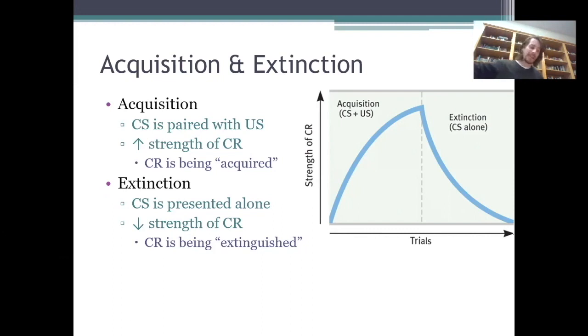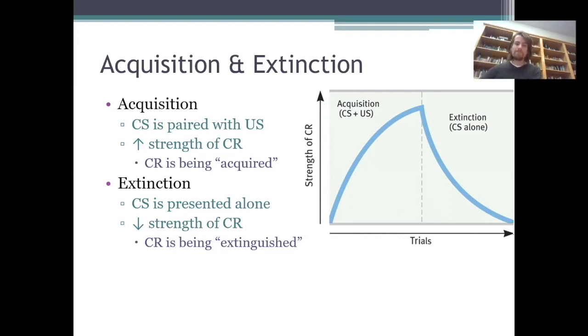And if he had kept giving Dwight extinction trials like those, where he heard the sound and didn't get the Altoid, then obviously Dwight would eventually stop extending his hand and salivating when he heard the computer sound. Those conditioned responses that he had previously acquired would get extinguished because Dwight would eventually learn that now hearing the sound no longer means that I'm about to get an Altoid.